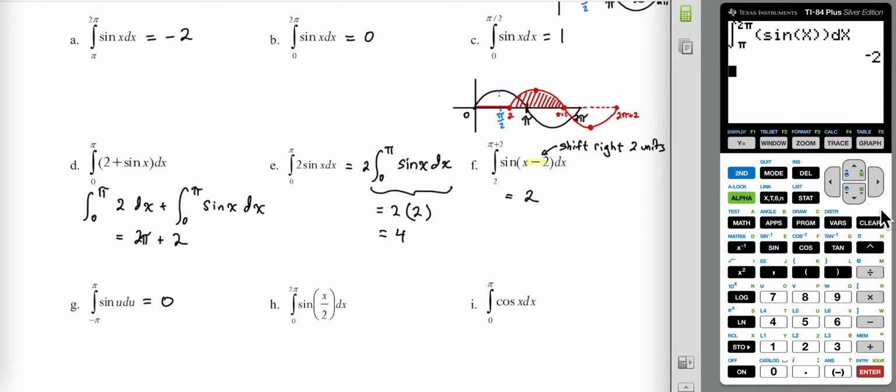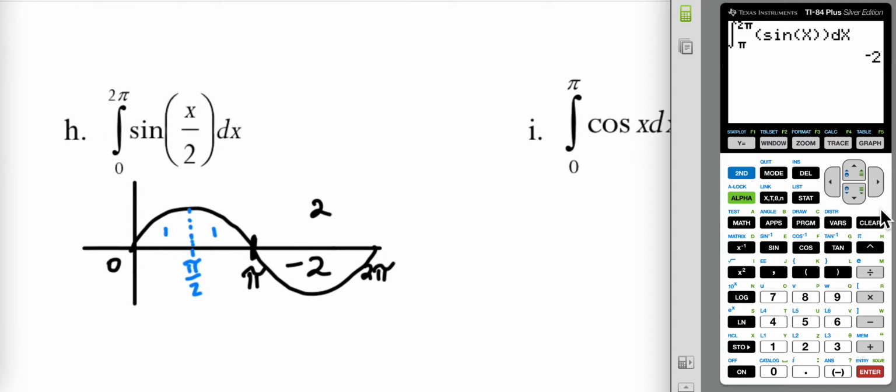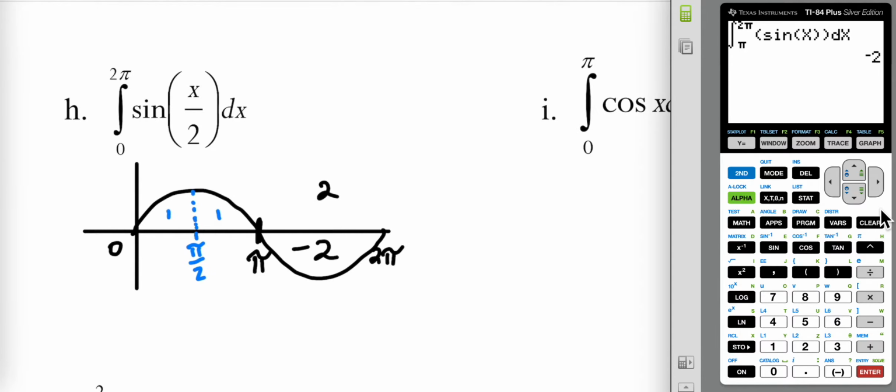H and I, we start making a bit of a departure from where we started, but we can still take our original graph and modify it. Again, I'm going to get rid of the bits and pieces. So this is saying, again, go from 0 to 2 pi, but our frequency is 1/2.